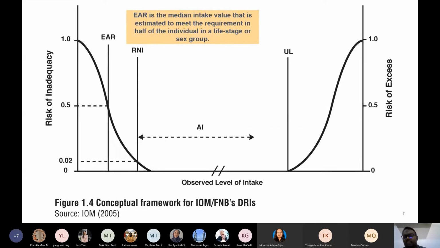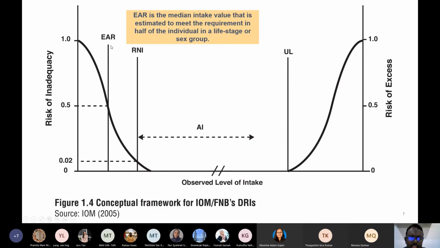So this figure shows us where EAR, RNI, AI, and upper level are. We are going to explore each term one by one. So EAR here, okay, let's look at the graph first. The y-axis is risk of an inadequacy, and the x-axis is observed level of intake, from 0 to higher levels of intake. So here is risk of excess, here is risk of inadequacy.